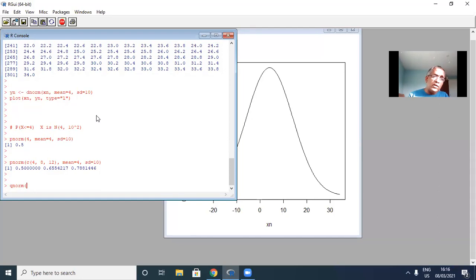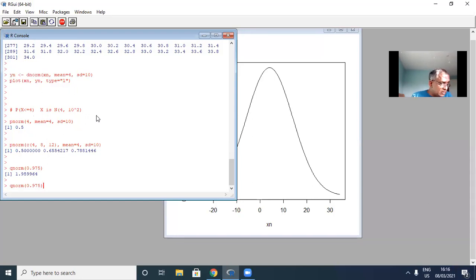And you can also use the qnorm command. The qnorm command can be used to compute the percentiles of a normal distribution. So for example, the quantile at 0.975 is this. Whenever I don't put mean or sd, that means I'm using the standard normal, so automatically mean is 0 and sd is 1.